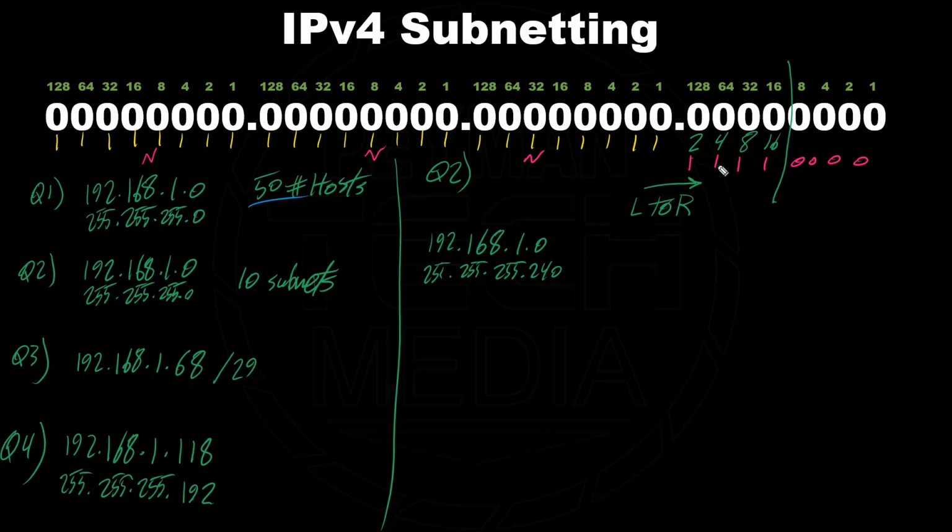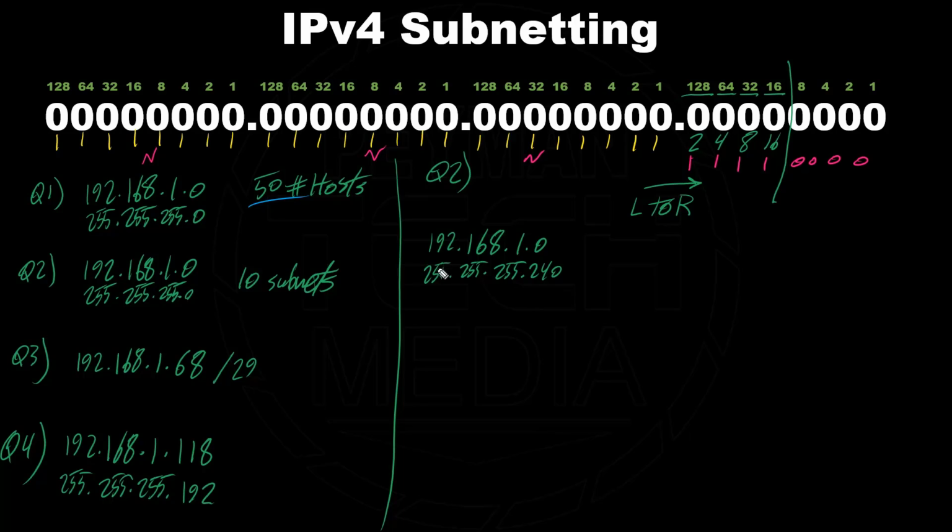On the last octet, we see 4 bits turned on and these 4 bits turned off. So we just add the ones that are turned on: 128 plus 64 is 192, 192 plus 32 is 224, 224 plus 16 is 240. So this is our new subnet mask.